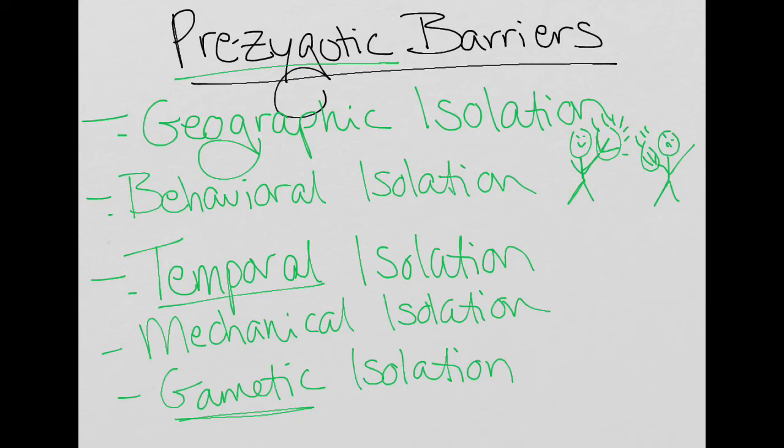And we said that enzymes are like a lock and key. They have that fit. So even if they are in the same place and they mate at the same time and they're attracted to each other, and even if they can go through the physical act of mating, if their gametes can't actually fuse to form a zygote, you will not be able to reproduce.